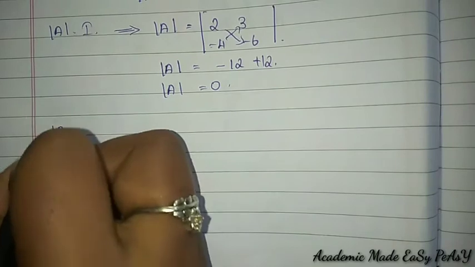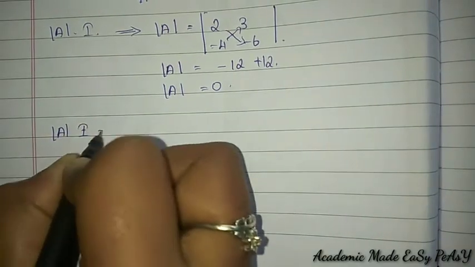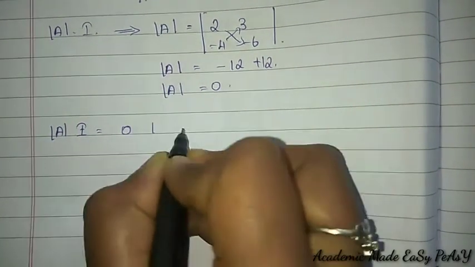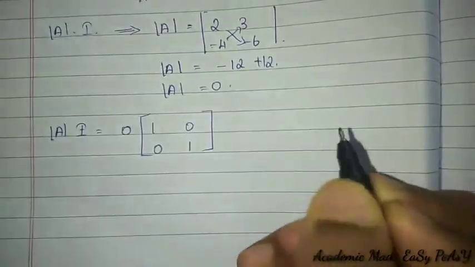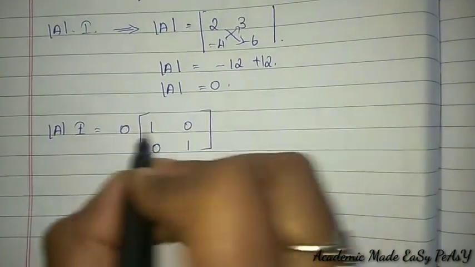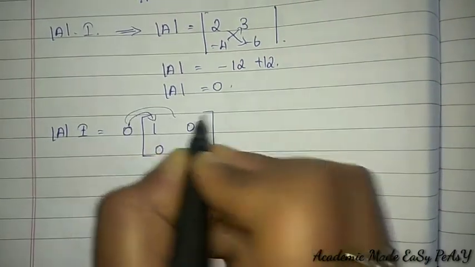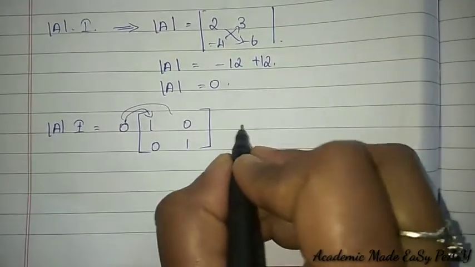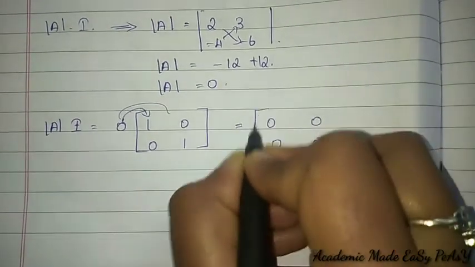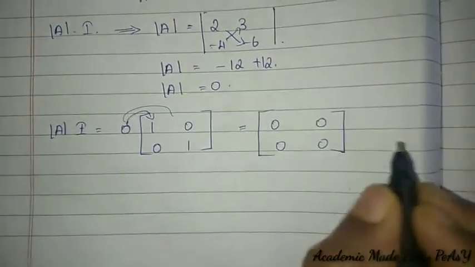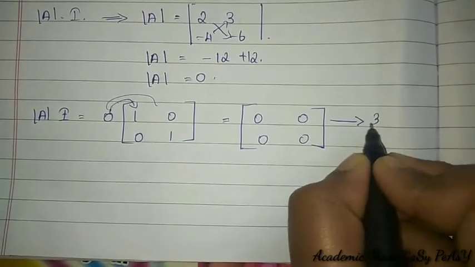So my determinant A into I is equal to 0 into identity matrix. So anything into 0 is 0 only. So I will be taking this 0 inside. So as we do for all the sums, so 0, 0, 0, 0. Okay, so this also is equation 3.